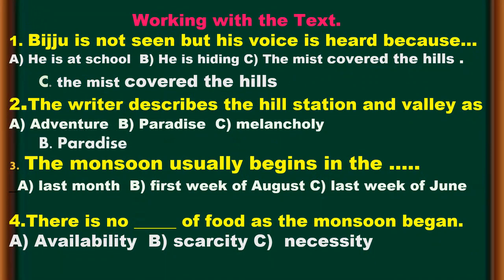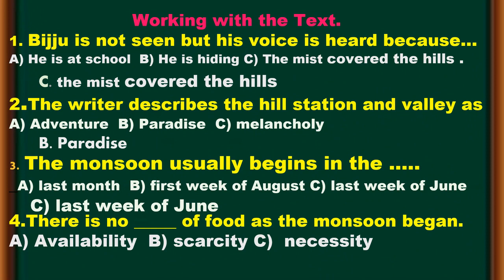Now the third question is, the monsoon usually begins in the: A, last month; B, first week of August; C, last week of June. Yes, the right option is last week of June. There is no dash of food as the monsoon began.